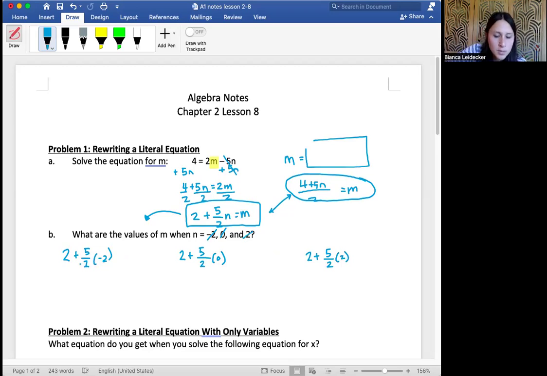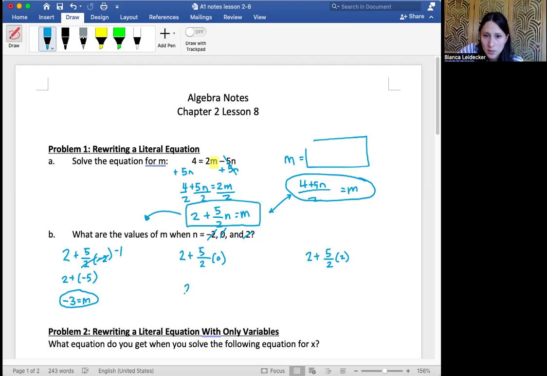And when I multiply 2 times negative 2, it is negative 1. So basically I have 2 plus negative 5, which gives me negative 3 equals m as one of my options. And then my second one, 5 over 2 times 0 is just 0.